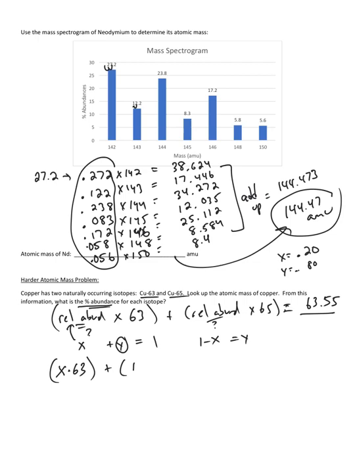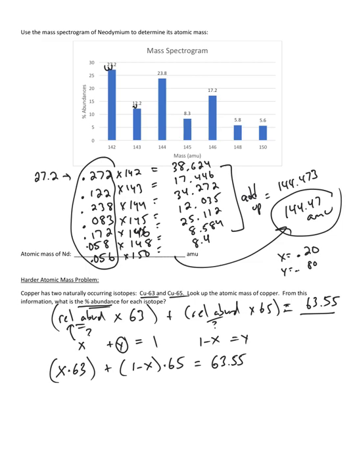So that's what I'm going to plug in here: 1 minus X times 65. So the relative abundance times one of the isotopes plus the relative abundance, 1 minus X, times the other isotope. This is the technique that you used in algebra class.